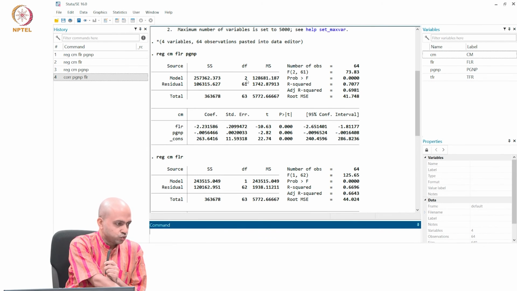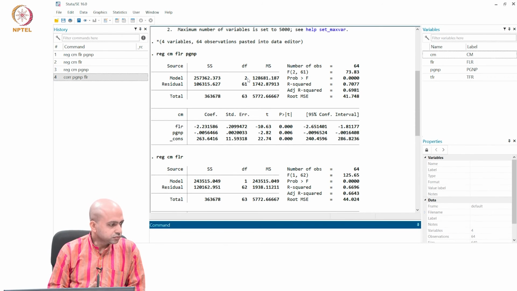It is 2, because the degrees of freedom for the ESS is defined as TSS minus RSS. TSS is 63 because the total number of observations is 64, and RSS is 61. So, 63 minus 61 is actually 2.